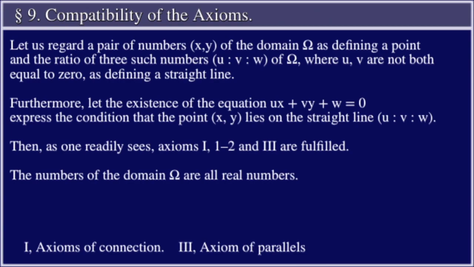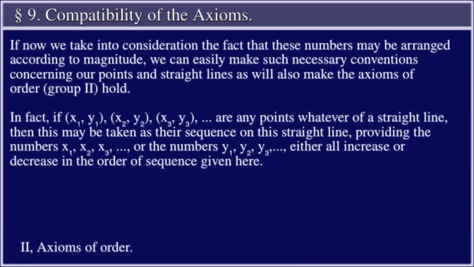The numbers of the domain omega are all real numbers. If now we take into consideration the fact that these numbers may be arranged according to magnitude, we can easily make such necessary conventions concerning our points and straight lines as will also make the axioms of order, group 2, hold.